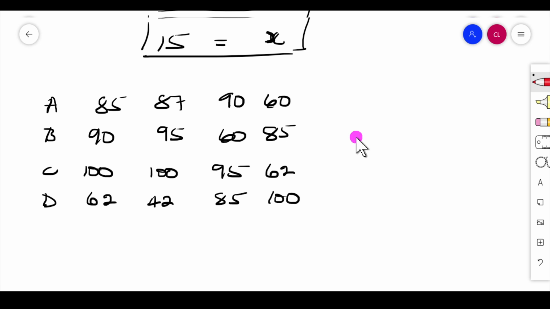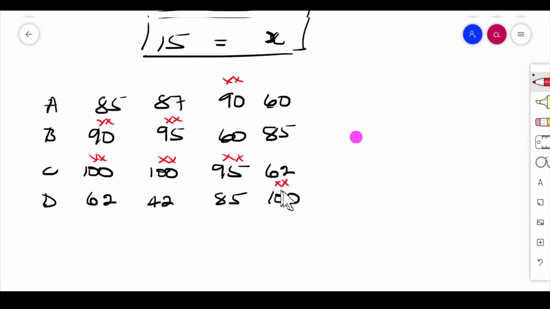Let's change colors here quickly and see what they have. They get 2 stars for 90 and above, so anywhere we see 90 and above, let's put 2 stars. All of those.